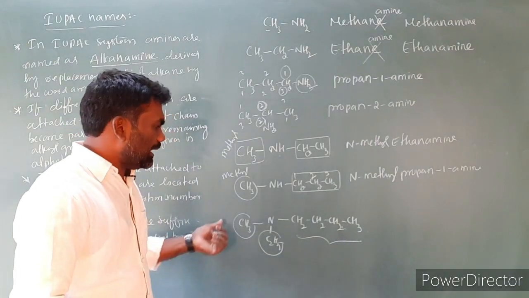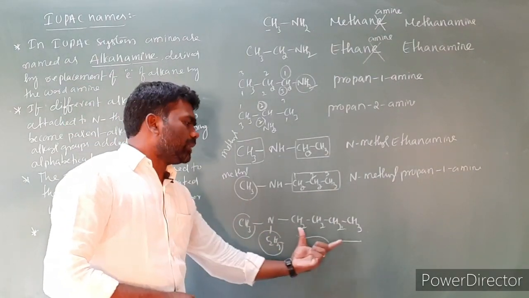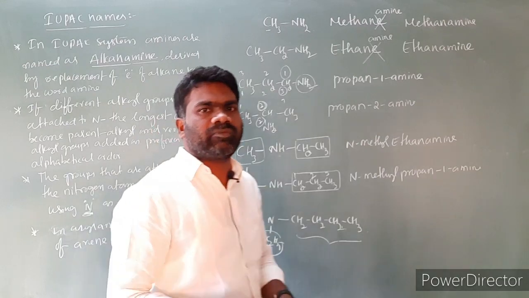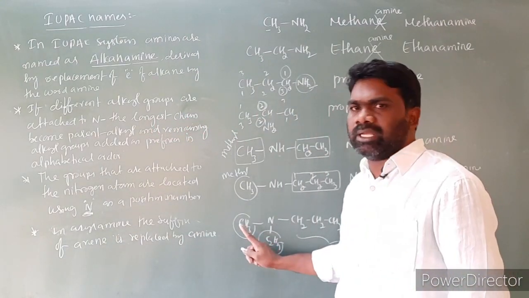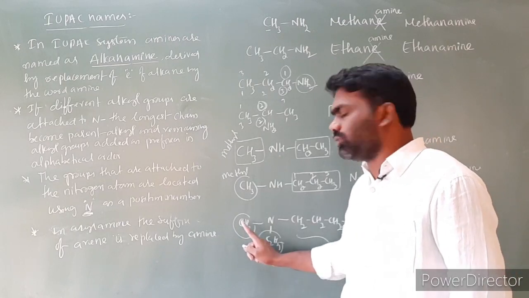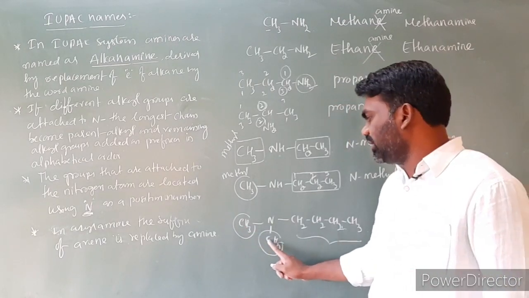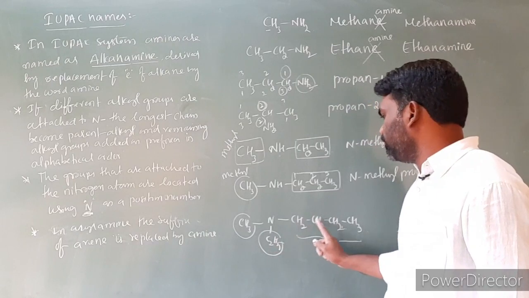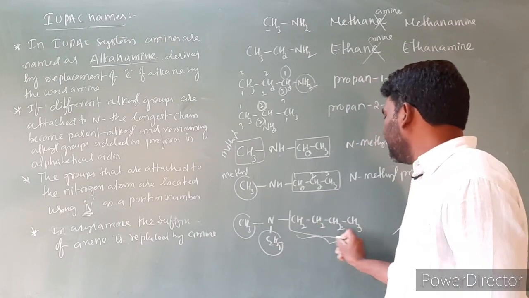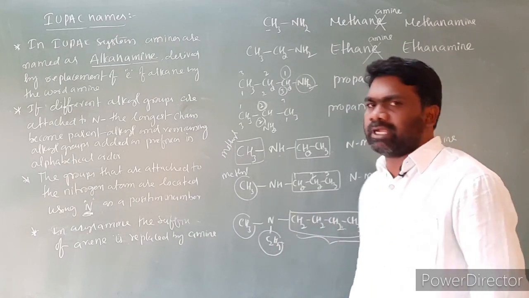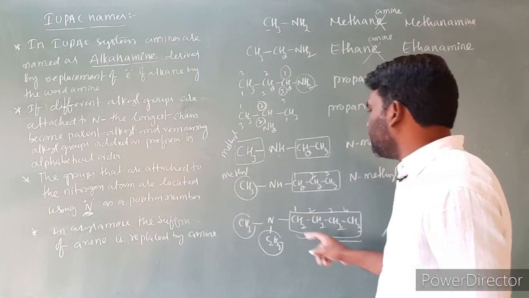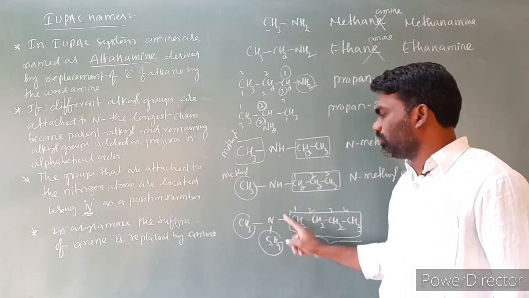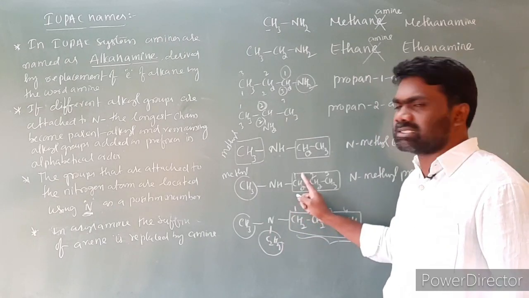Among them, the alkyl group with the largest number of carbons we take as the parent. Here is one carbon, here 2 carbons, and here 1, 2, 3, 4. So this will be taken as the parent carbon. We give numbering in such a way that the nitrogen, that means the functional group, gets the lowest possible number.